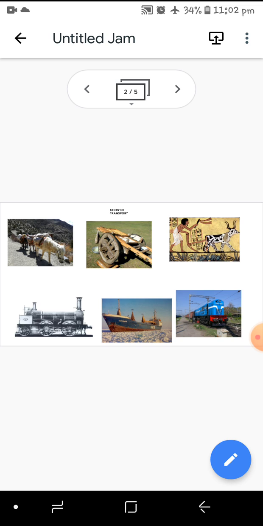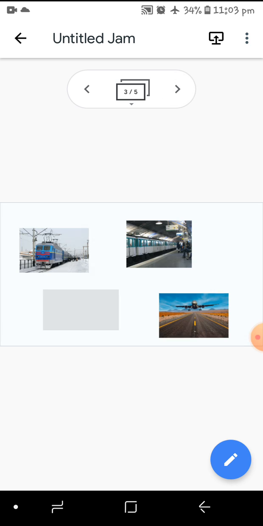These inventions greatly reduced the time to travel. Nowadays, we use electric trains, aeroplanes, supersonic jets, and high-speed automobiles, which can take us in a few seconds from one place to another. So all these are means of transport.